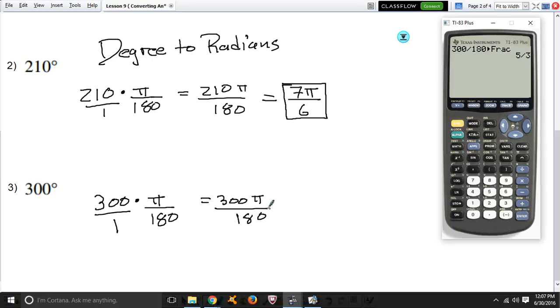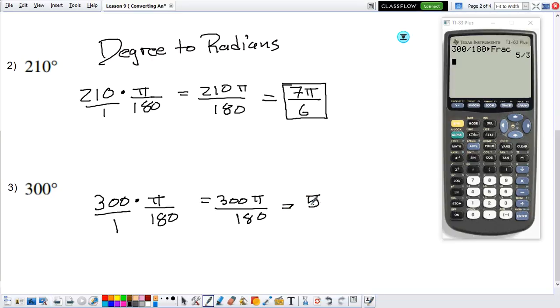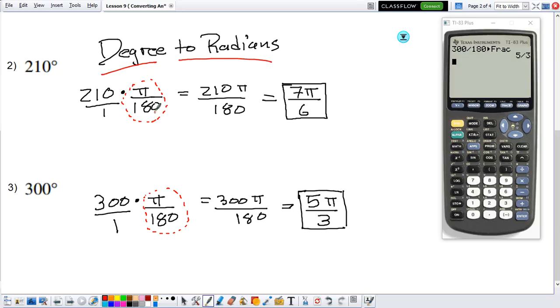Fraction, enter. Now this becomes 5 pi over 3. It's pretty simple. You always take your degree and multiply by the same expression, pi over 180, if you want to go from degrees to radians.